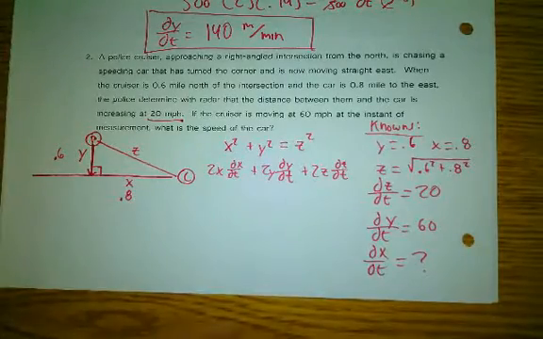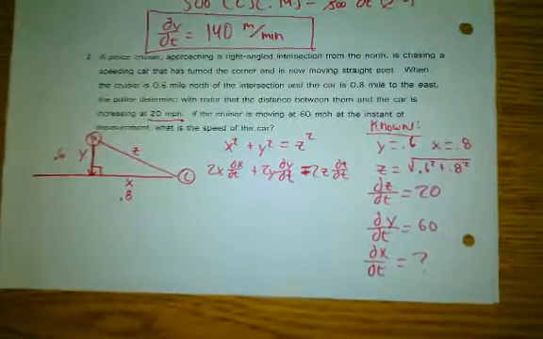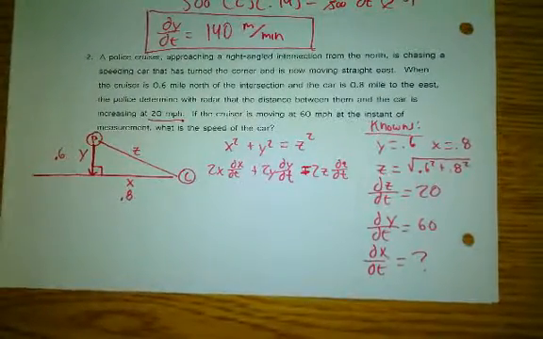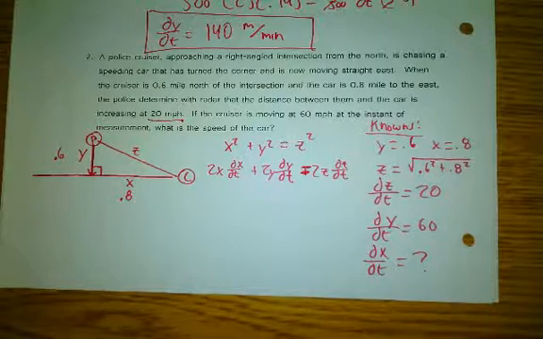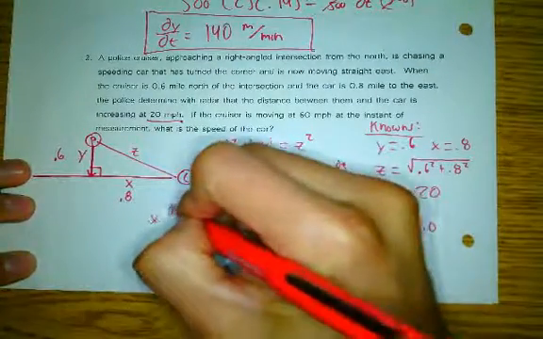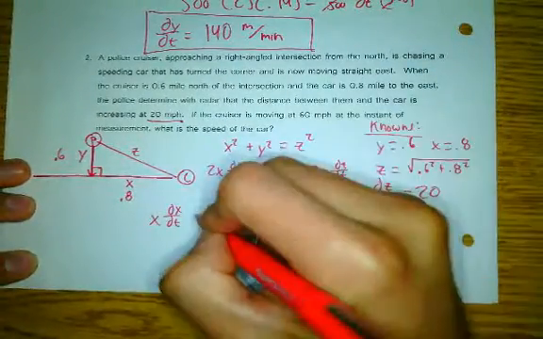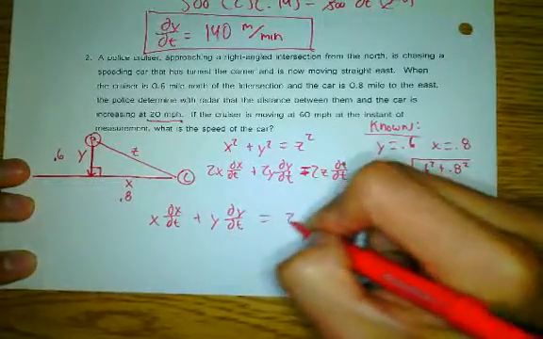That was my mistake. I'm sorry. We derive everything implicitly, and now all we have to do is plug in the information that we know. But just to make this problem even easier, do you guys agree that I could divide by 2 and get rid of all those 2's? So this could actually just become x dx/dt plus y dy/dt equals z dz/dt, right?